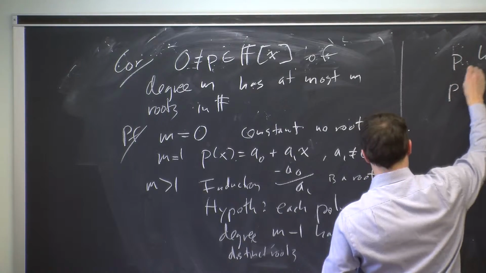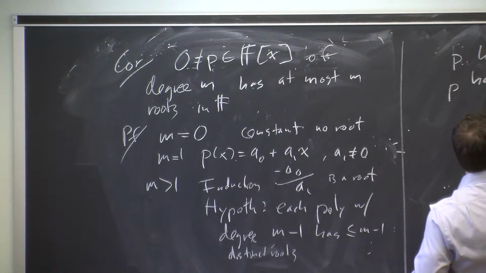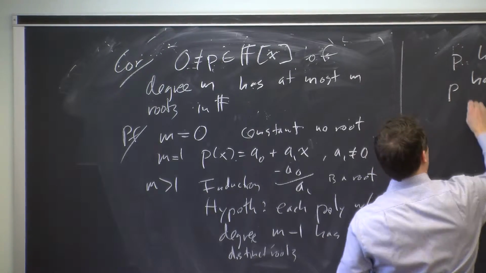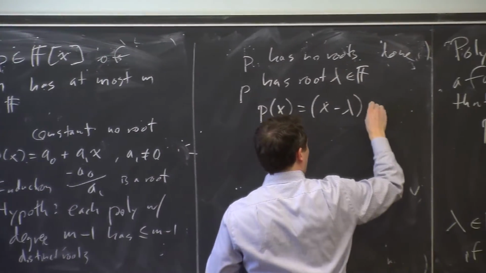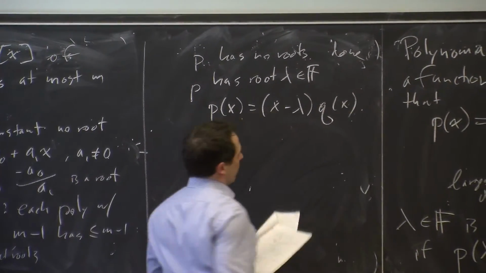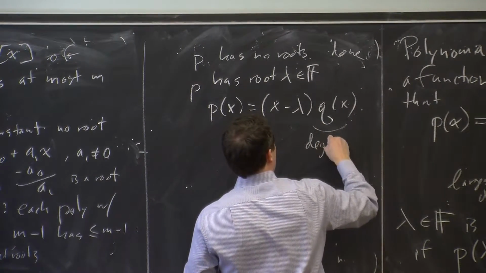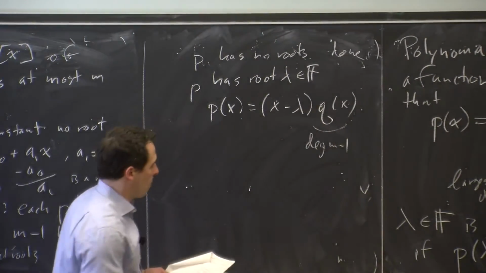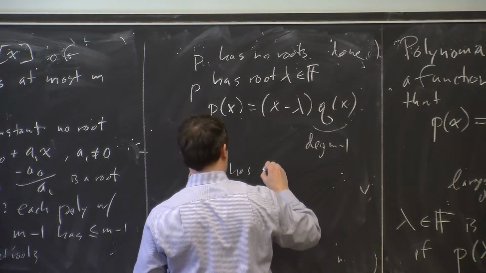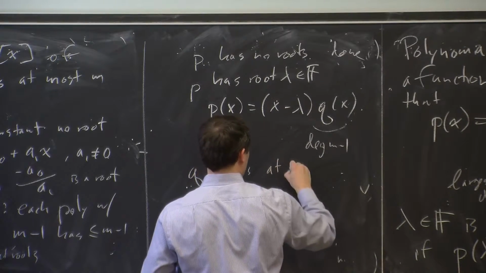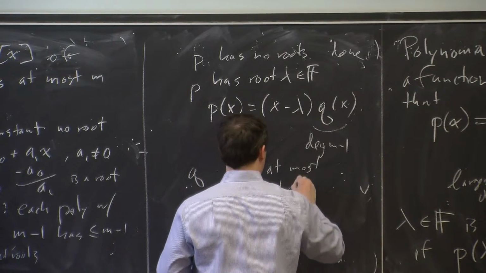If our p has a root lambda in F, then by the previous proposition, we can factor out that lambda, and what's left over has degree m minus 1. And so by the induction hypothesis, this q has at most m minus 1 roots.